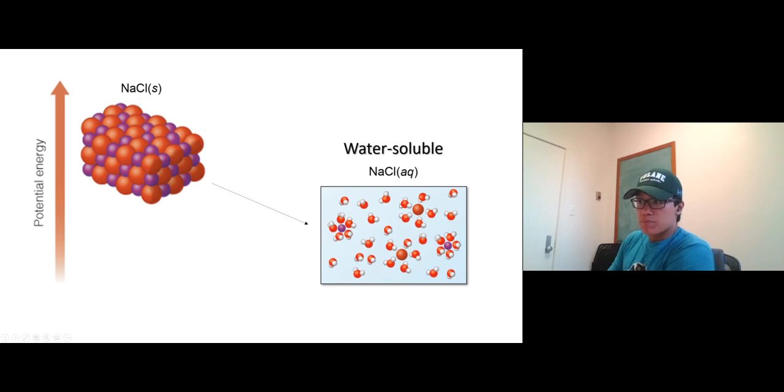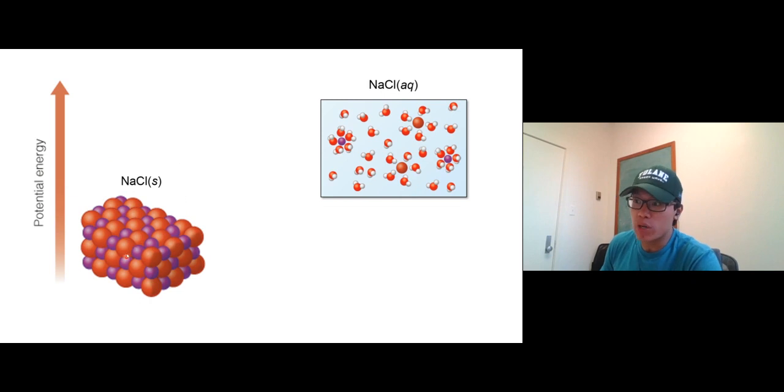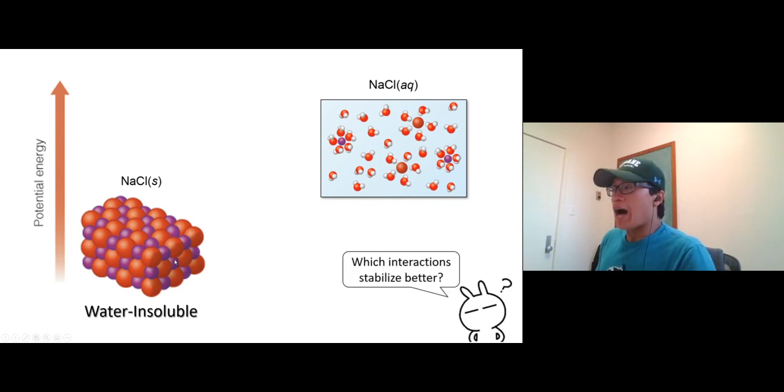However, if the solid is more stable in a lattice, so the ion interaction is more stable, they will stay as a solid and become a water insoluble compound. Now the question is, how do you know which interaction stabilizes the ions better, the interaction with water or the ion interaction?